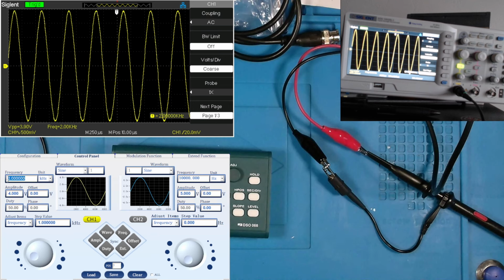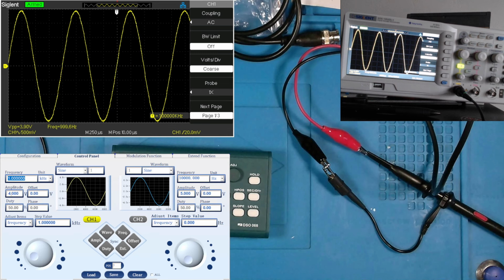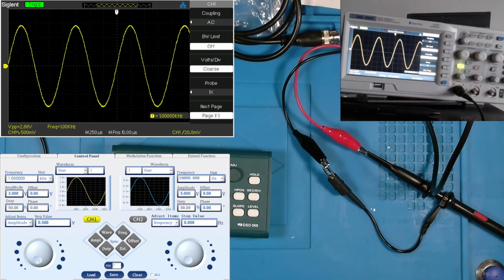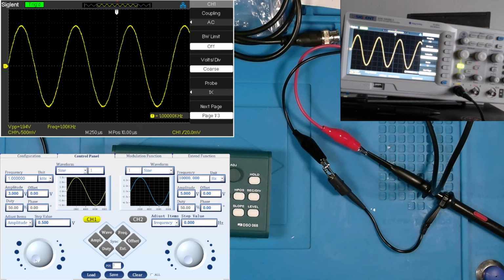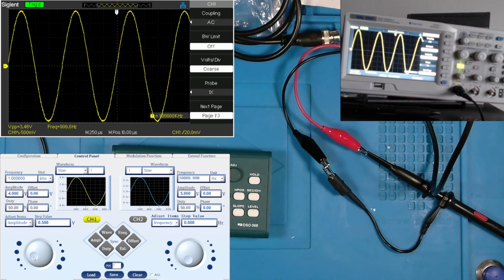Go back to 1 kHz audio waveform. Now what if I do the same thing for amplitude? Change that to say 0.5. See, as I decrease my voltage, my amplitude decreases on my SIGGEN. And as I increase voltage, my amplitude increases on my SIGGEN.